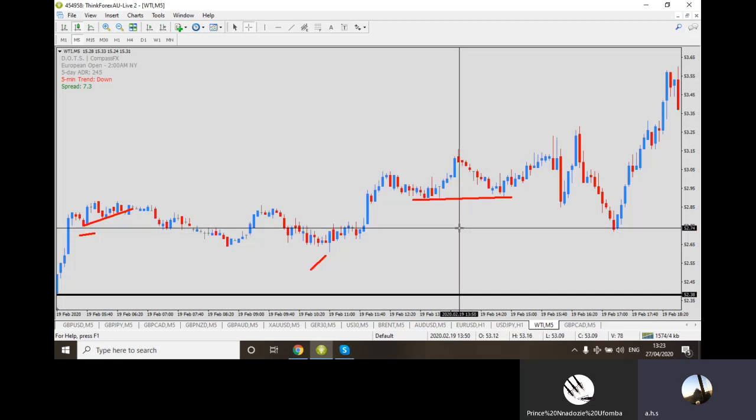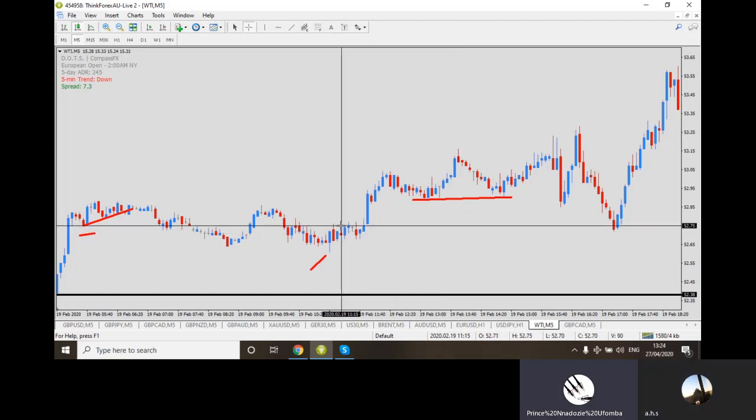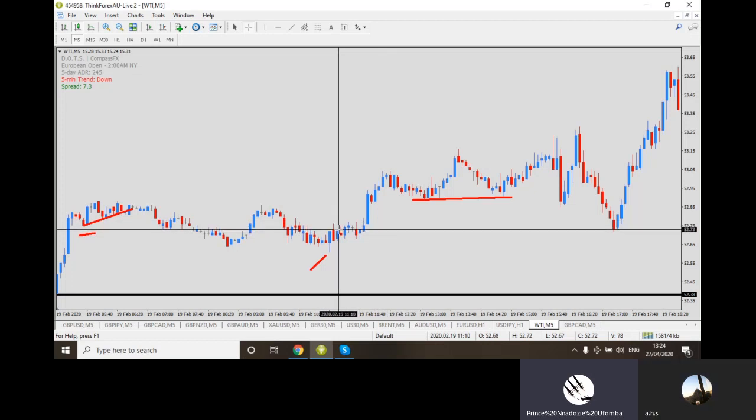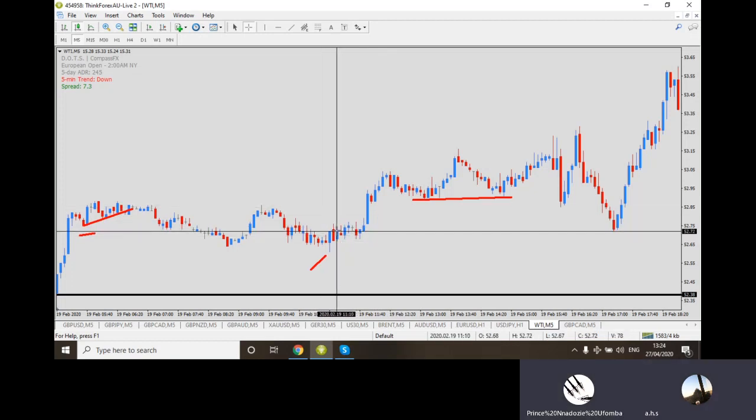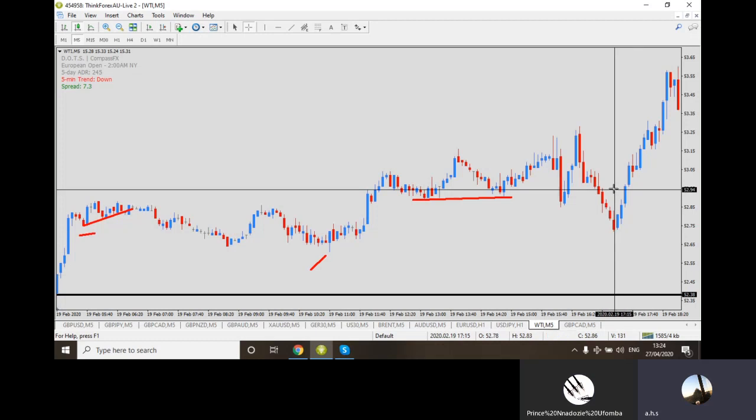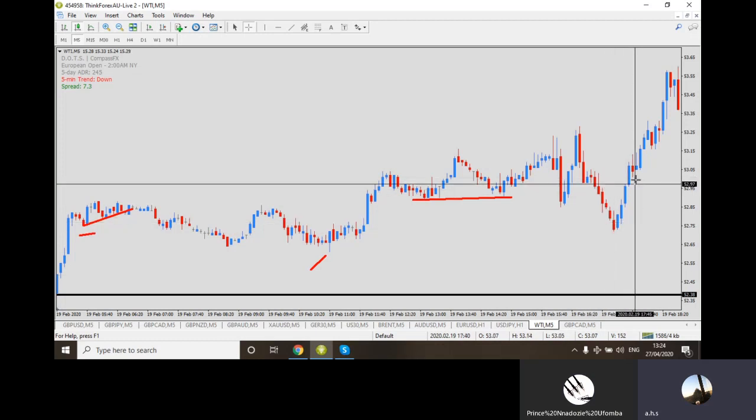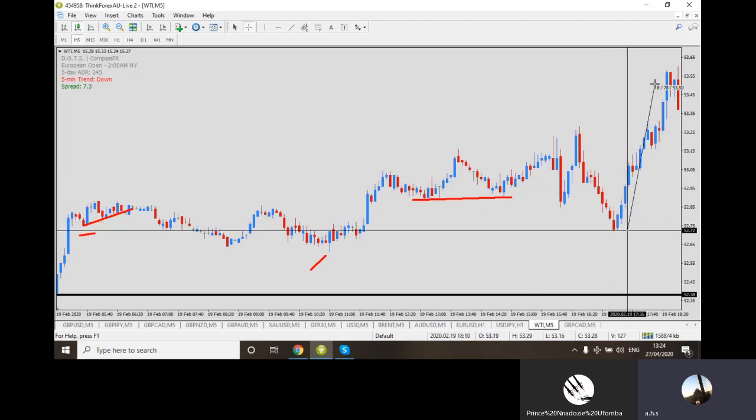Look how it tested this entry right here. From where you drew that sort of trend line, yeah, it looks like a double bottom or something. Yeah, it came and tested this area right here. So that's another thing. The market will come test consolidation areas and then move. And if you look, that's about 90 so far. It probably will move that 100.